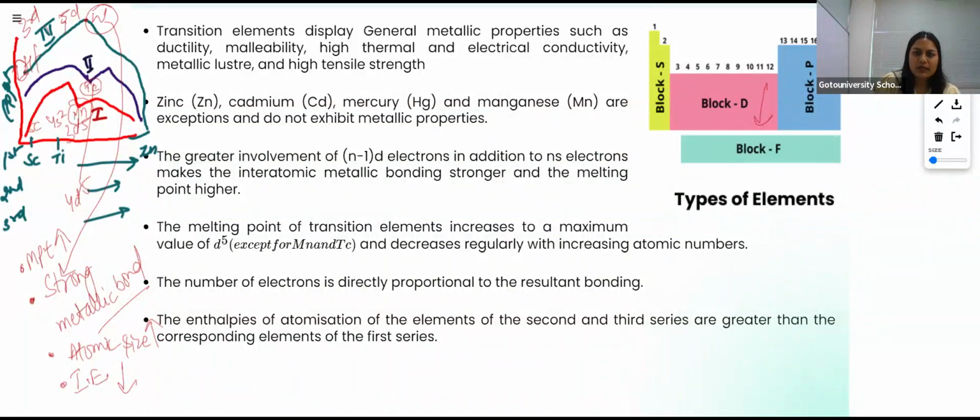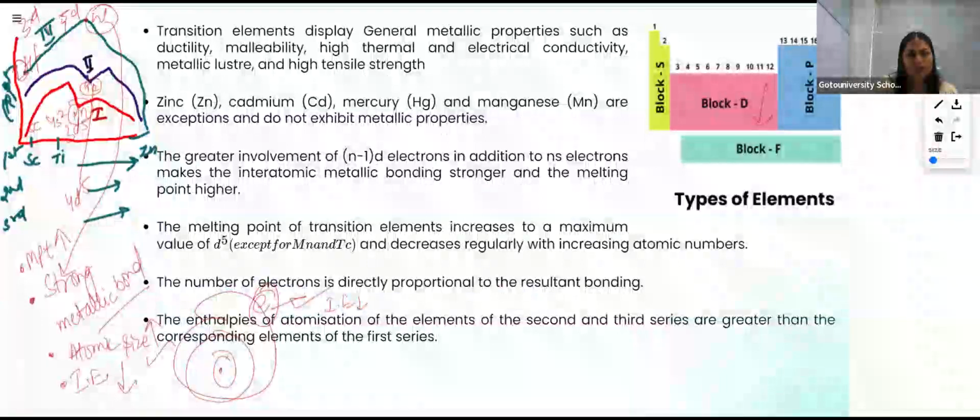Because as we move down the group, the atomic size of the element increases. With the increasing atomic size, the electron revolving around the nucleus goes far from the nucleus, so it becomes easy to remove this electron. So the ionization energy will be low for such elements. Although the metal bond will be strong, due to its high size the melting point will increase.